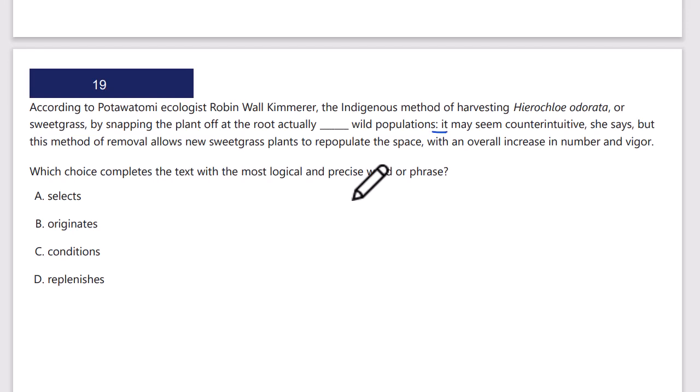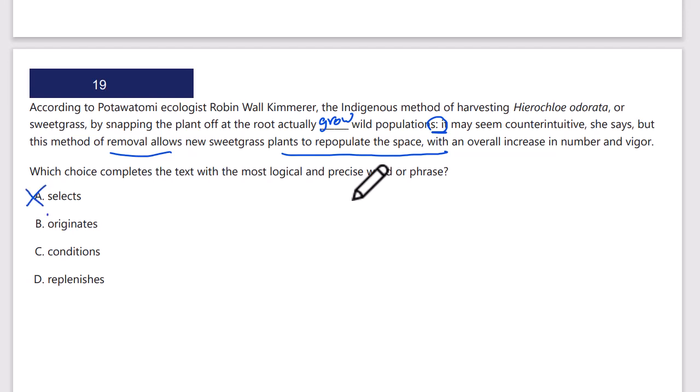So we've got an additional clue with a semicolon. This will be an example or an explanation. It may seem counterintuitive, she says, but this method of removal allows sweetgrass to repopulate. That's kind of what I was thinking. At the root, to actually grow or expand wild populations, right? So selects, no, that means you're just choosing.